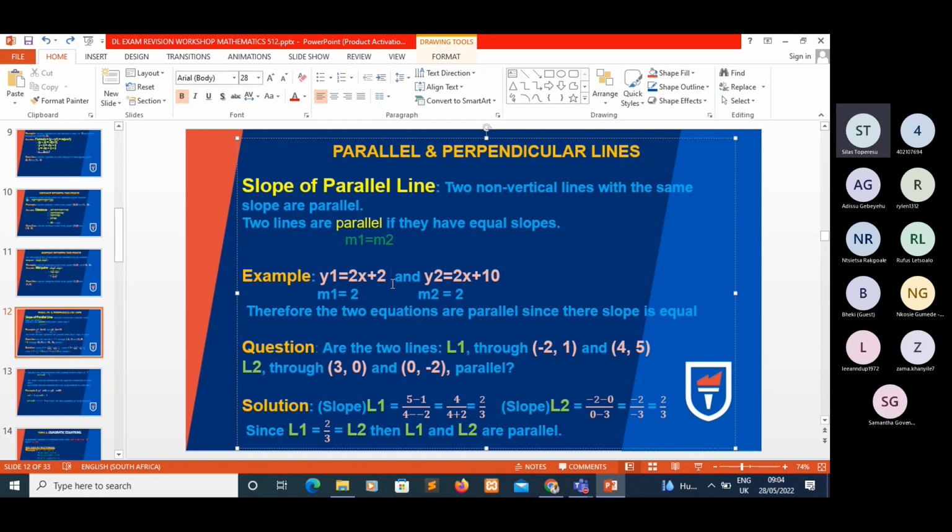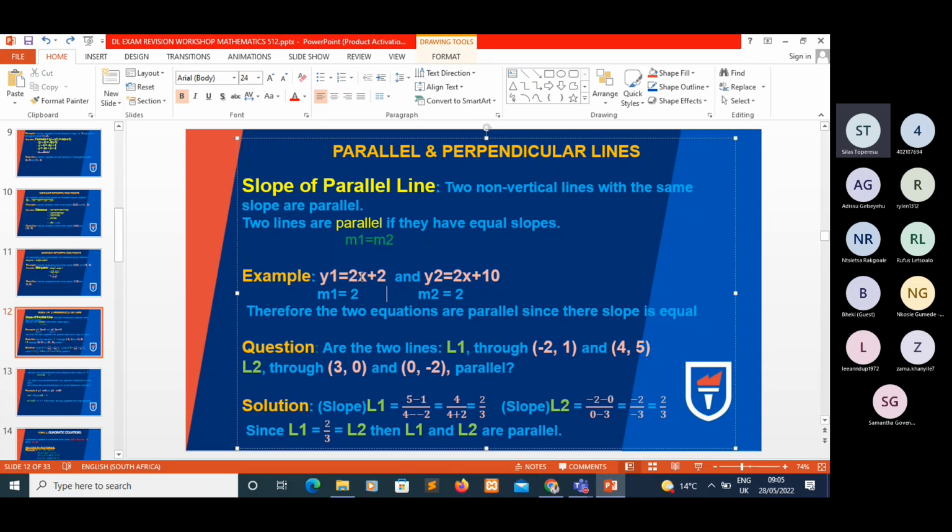So the first thing you have to do is determine the slope. What is the slope of this equation and what is the slope of this equation? I mentioned in the previous discussion that if you write your equation in the form y = mx + c, you can pick up the slope from that equation.